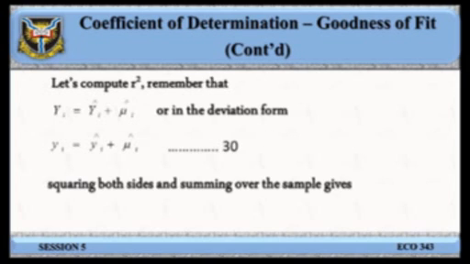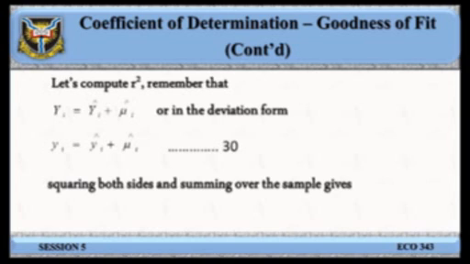Let's compute R squared. Remember that yi is equal to yi estimator plus μi estimator, or in the deviation form, yi is equal to yi estimator plus μi estimator, equation 30. Squaring both sides and summing over the sample gives the equations below.